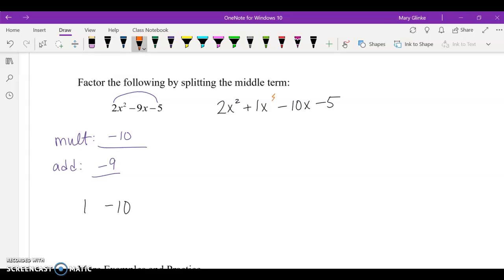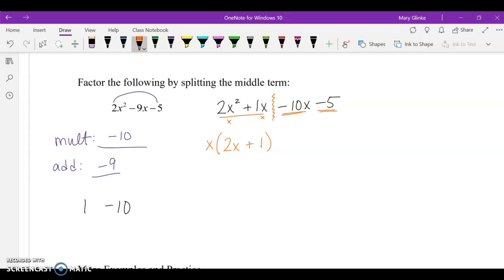Here's the new bit. Again, we're cutting this exactly in half. We're looking at what the first two terms have in common, and for these first two terms, they only have an x in common. If I divide each term by that x, I would be left with 2x for my first term, and x divided by x just becomes 1. My next two terms, be careful here, we have a negative 10x and a negative 5.